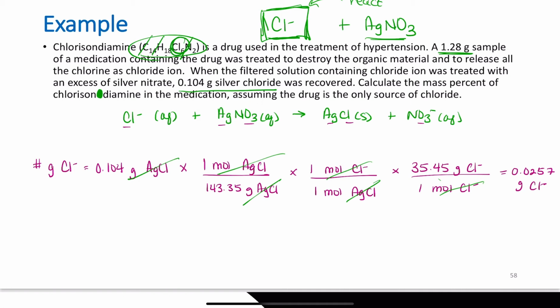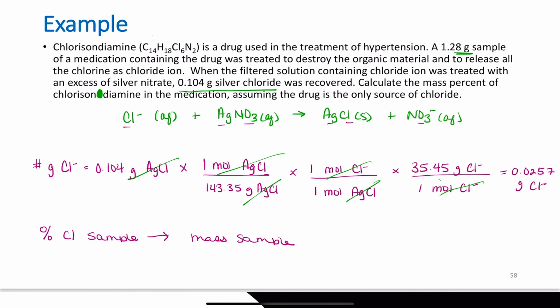The first thing I can do is figure out the percent of chlorine in the sample, and then I can figure out the overall mass of the drug from that, and then I can go ahead and figure out the total answer. So I'm going to run out of space again because I have a problem with writing on one little screen. I'm going to write up here that I know I have 0.0257 grams of chloride ion. Okay, so go ahead and pause the video if you need to write other things down.